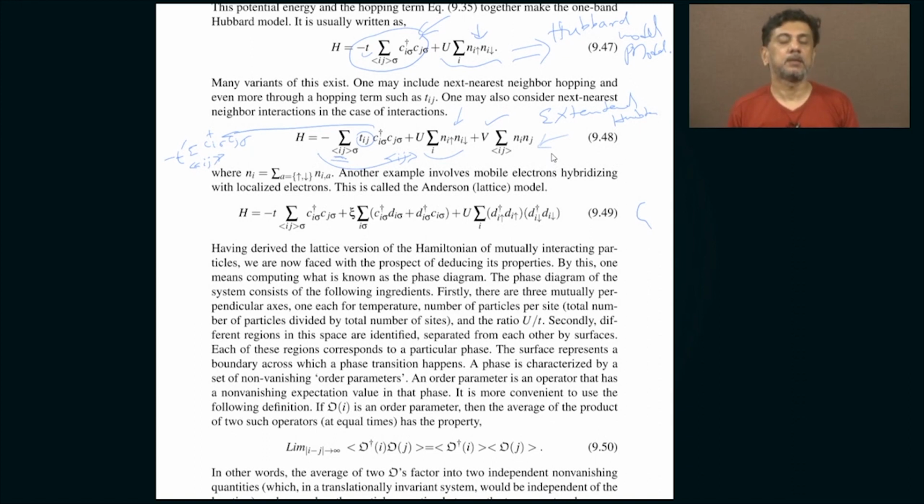The lattice model by contrast is a model where electrons are not free to move spatially, but they are confined to specific points in the lattice.